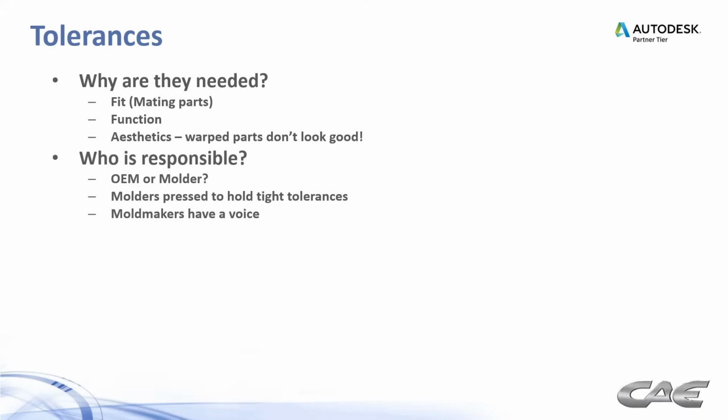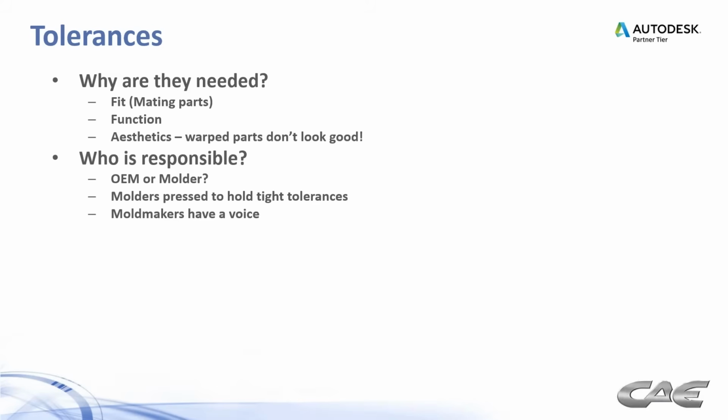And this next question is a big one in the plastics industry. Who's responsible for determining those tolerances? Most of the time it's going to come from the OEM, maybe sometimes the molder, but it's the molders that are pressed to hold those tight tolerances. So they should have a voice, but also mold makers should have a voice in this too. Their reputation's on the line.